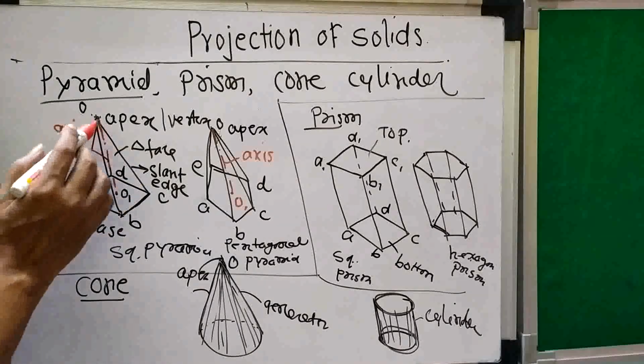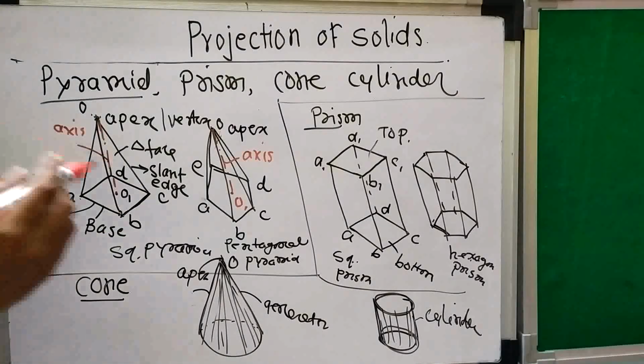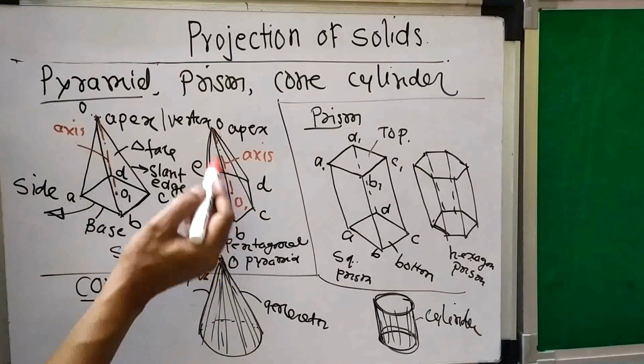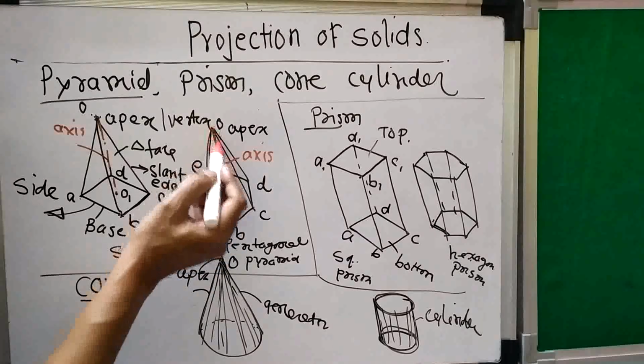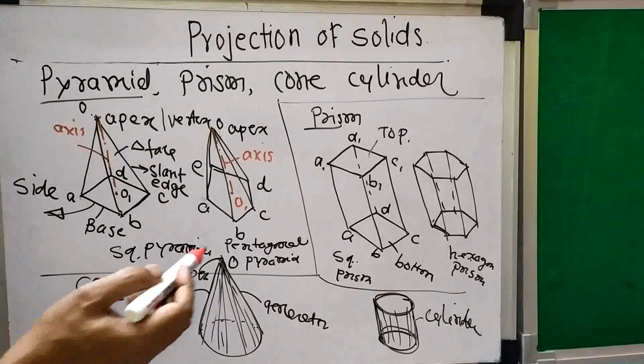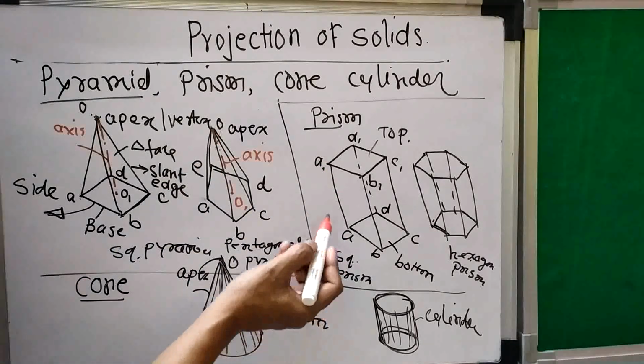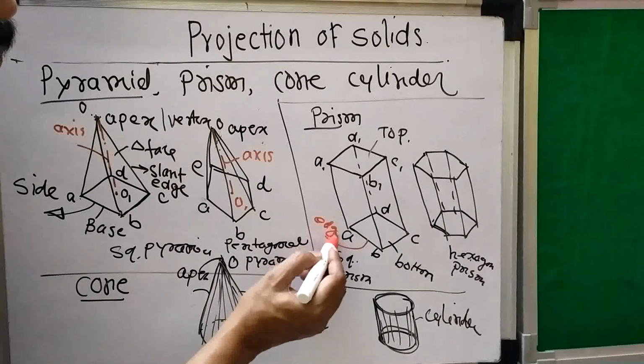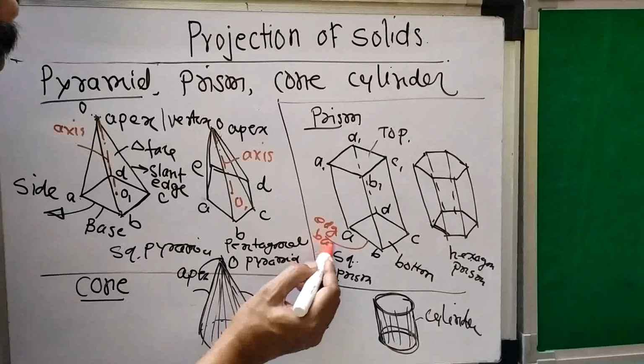So these are the parts of the solids. Here same, you have a slant edge, you have the edge of the base, we have triangular faces, we have the axis also.